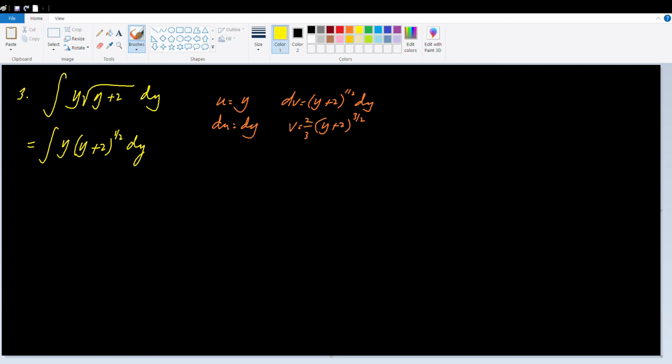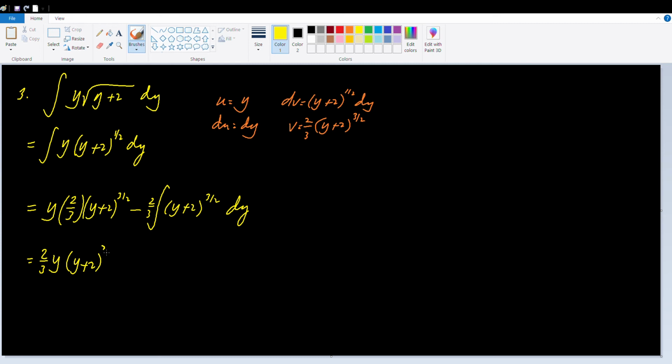So, for our answer, it will be u times v, so y times 2/3 y plus 2 to the 3/2 minus the integral of 2/3 y plus 2 raised to 3/2 du, which is dy. So it will be 2/3 y times y plus 2 to the 3 halves minus 2/3 integral of y plus 2 to the 3 halves dy.